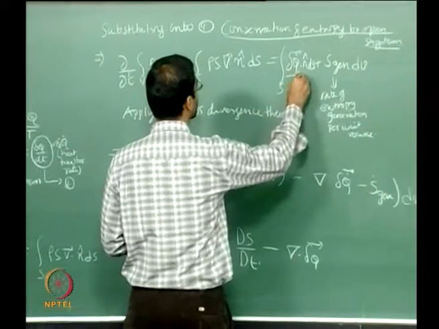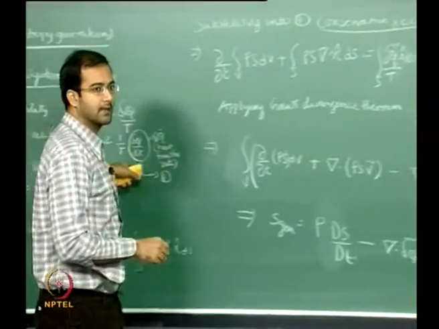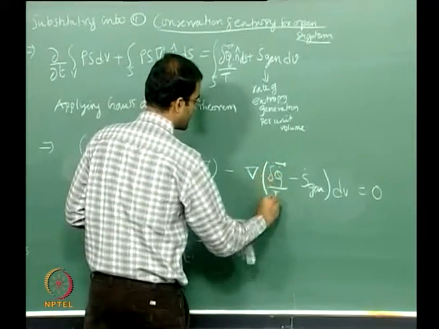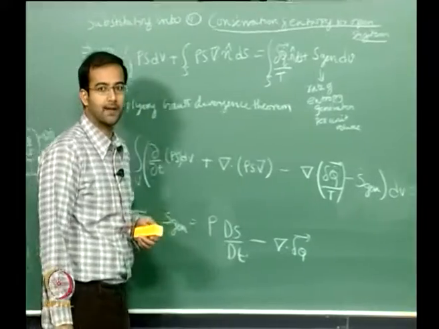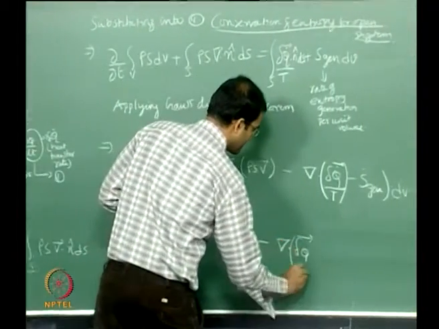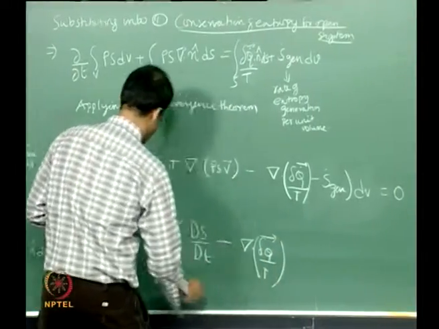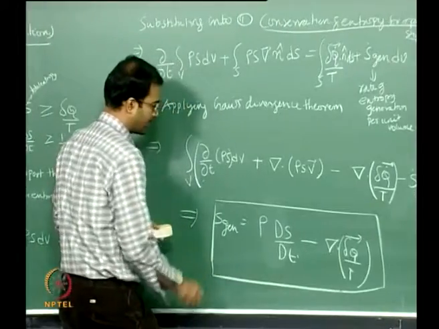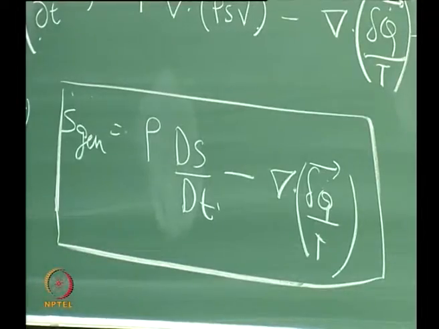I think I omitted by T because that is there in the Clausius inequality, okay. So this divergence operator is on this entire term, okay. This is how I finally can calculate the rate of entropy generation.